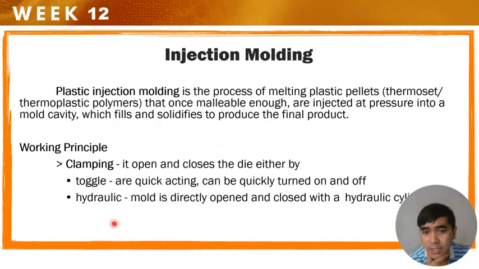Okay, so again, I will just send to you the video of this process so you can understand more about it. So for the working principle, we have clamping. It opens and closes the die either by toggle, which is quick acting and can be quickly turned on and off. So it is about opening the passage for the plastic materials to be melted.